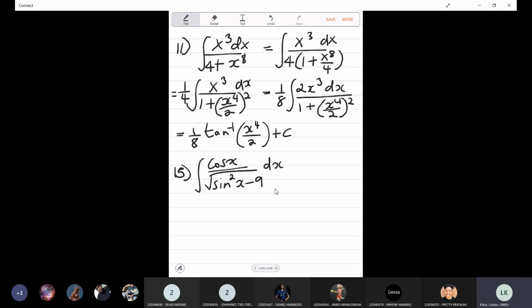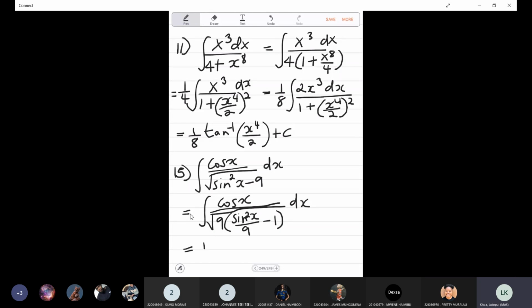Okay, so like that. So first thing, this 9 over here, we have to make it a 1. And this is the integral cos x over square root 9. Here we have sine squared x over 9 minus 1. Everything is under the square root like that, dx. So this square root of 9, which is 1 over 3, can go outside.